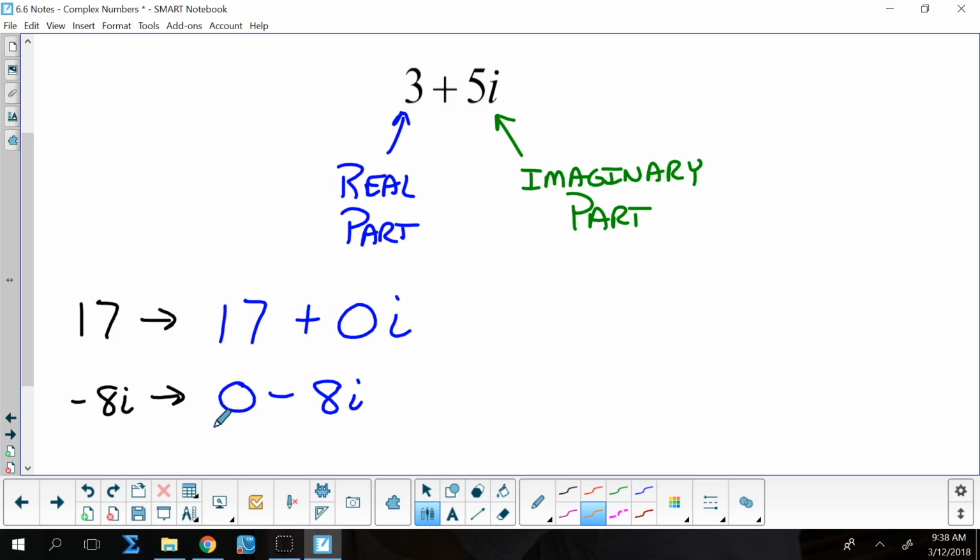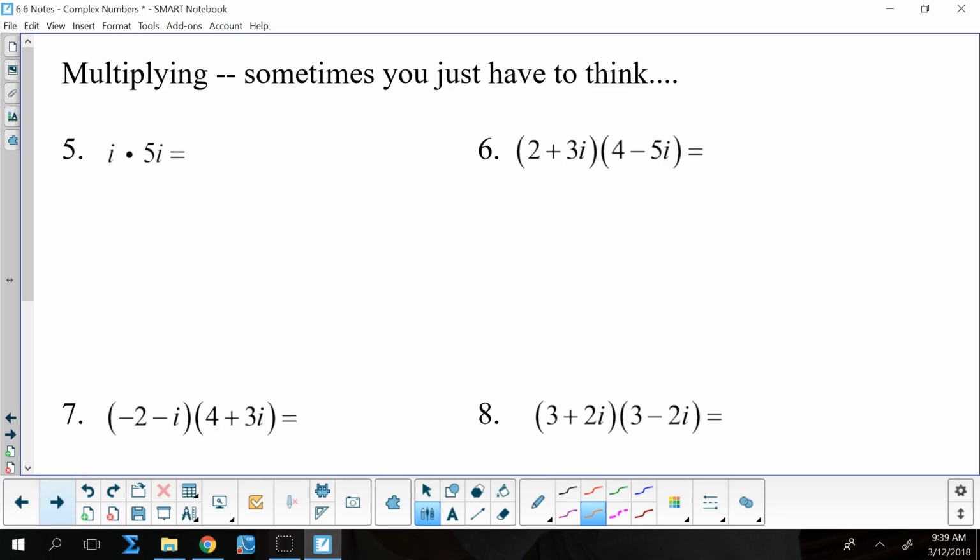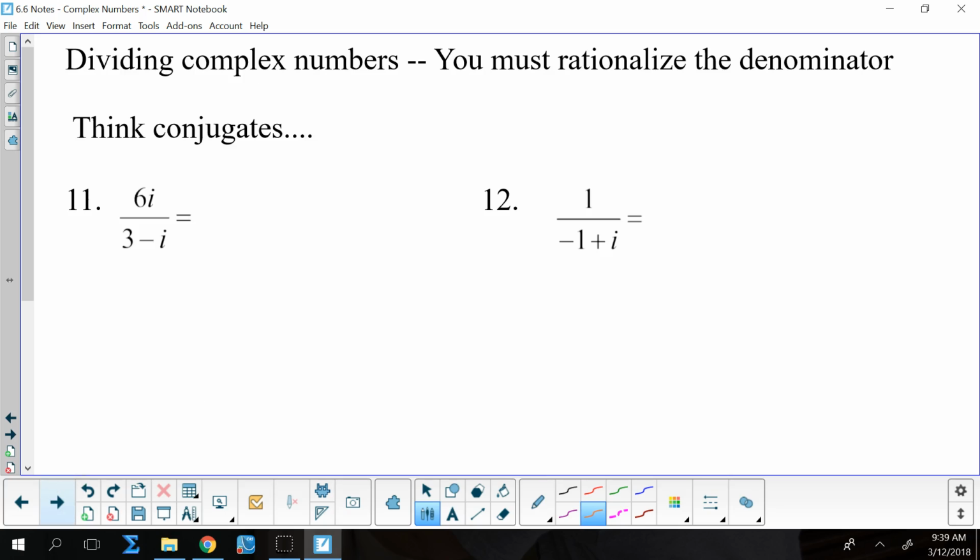So we're going to be adding and subtracting and multiplying and dividing real numbers, complex numbers, and imaginary numbers. So what I would like you to do now for the next 10 minutes is work on the 4 problems here on the bottom of the first page, and then there's some more multiplication problems at the top of the next page, and then there's some dividing problems.